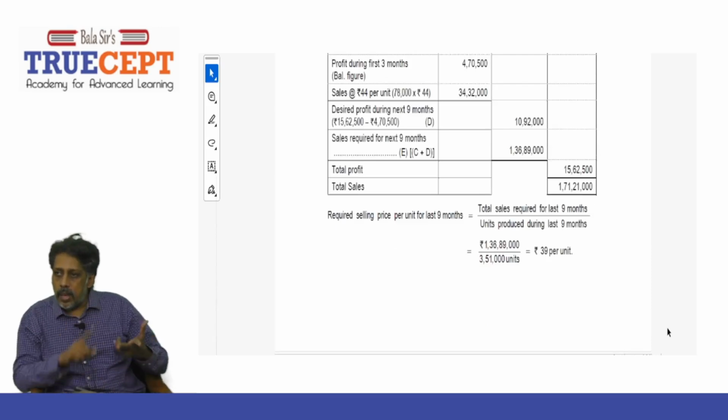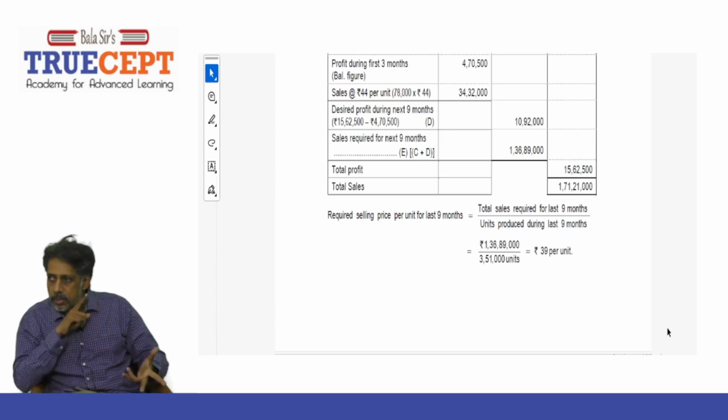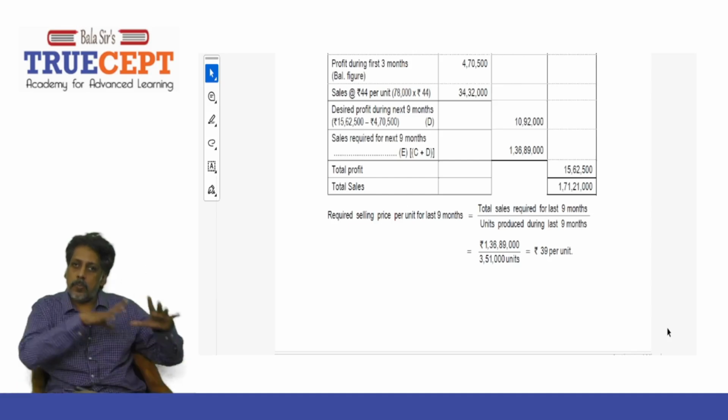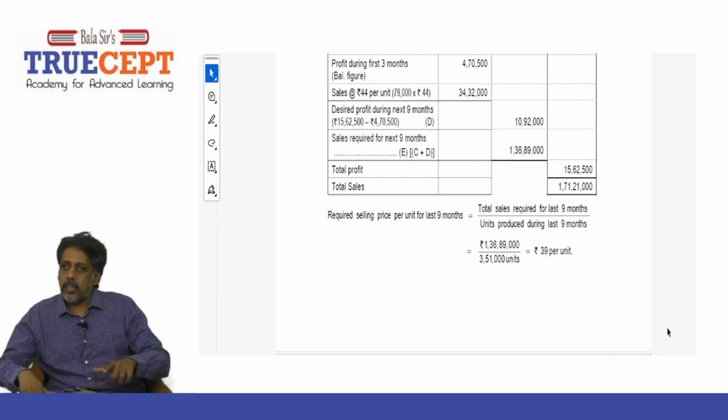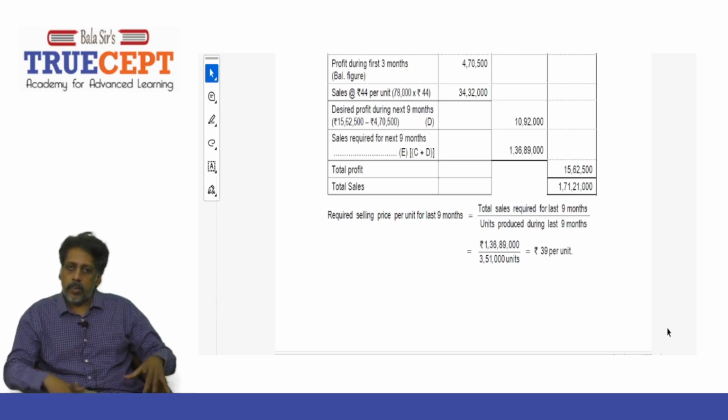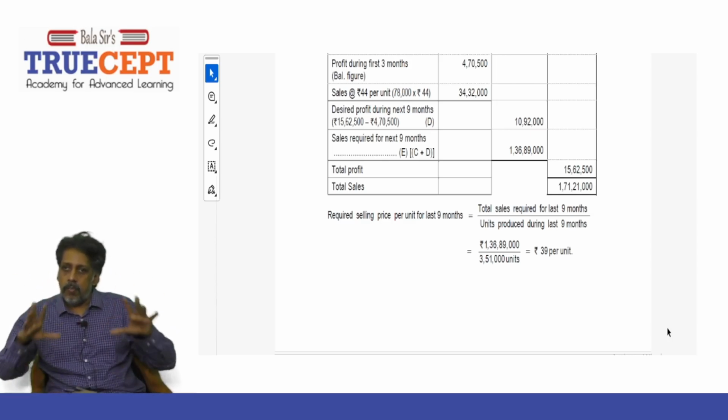Therefore, divide rupees 1 crore 36 lakh 89,000 by 3 lakh 51,000 units available for sale. How much do you get? 39 rupees per unit. That is the selling price per unit for the next 9 months. That means you have to sell the 3,51,000 units at 39 rupees each. Is that okay? Yes. If you want to make a profit of 15 lakh 62,500 in that year.